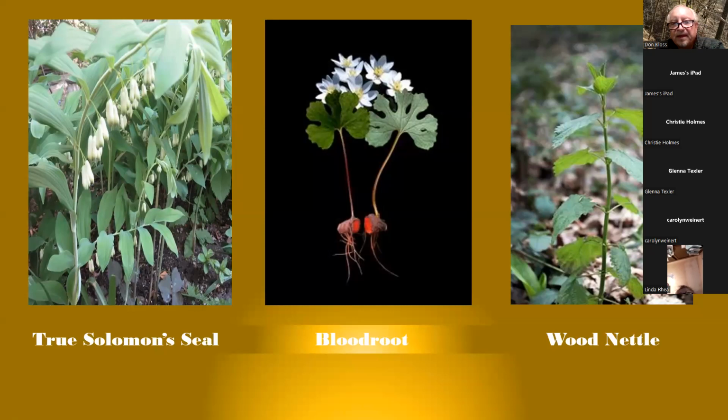And as Christy had talked about in her wildflowers presentation, even though bloodroot is poisonous, some of the Native American tribes actually ingested it to induce vomiting, among other medicinal uses. Interesting. Yeah. And then on the right, the wood nettle. They love wood nettles.